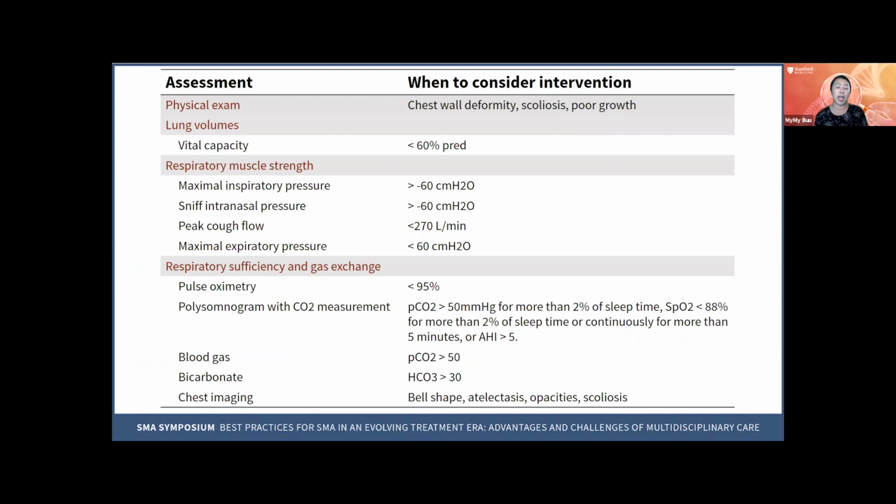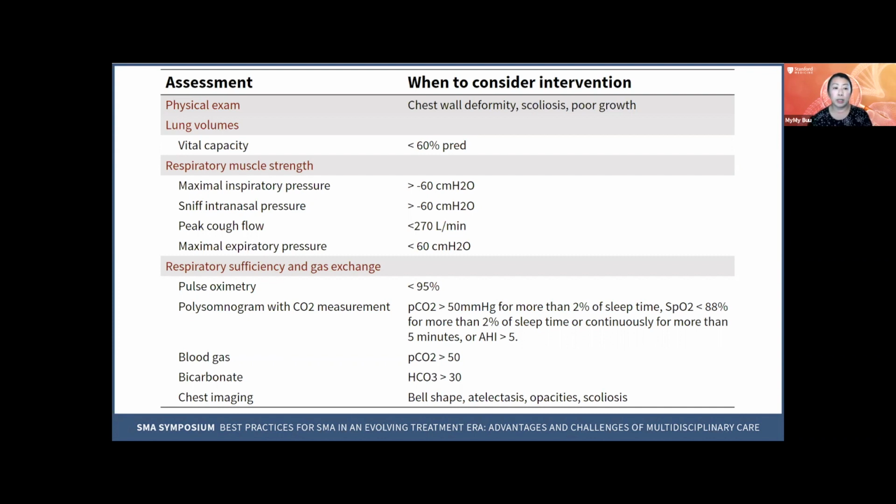The measures of expiratory muscle strength include peak cough flow and maximal expiratory pressure. We intervene if peak cough flow is less than 270 or MEP is less than 60 centimeters of water. The way we measure respiratory sufficiency and gas exchange includes pulse oximetry, where normal is greater than 94%.